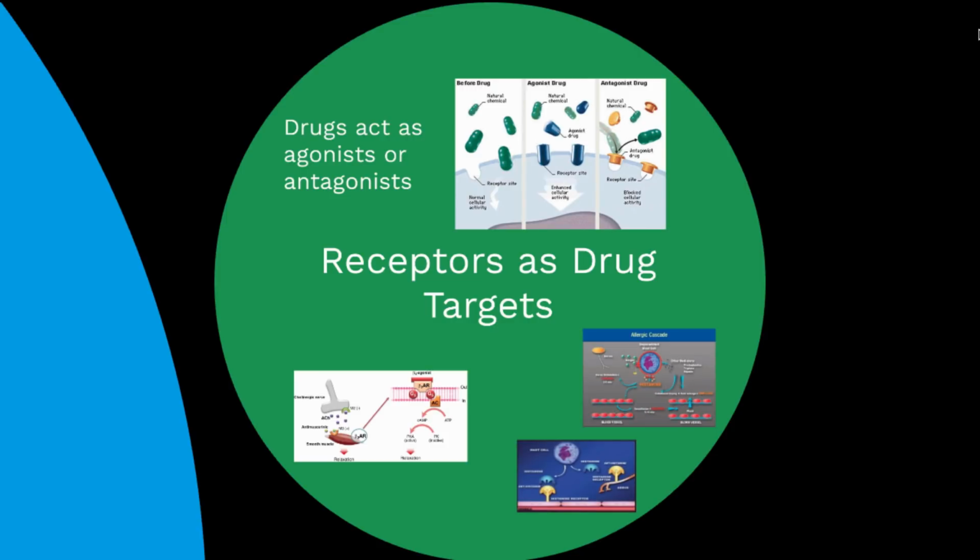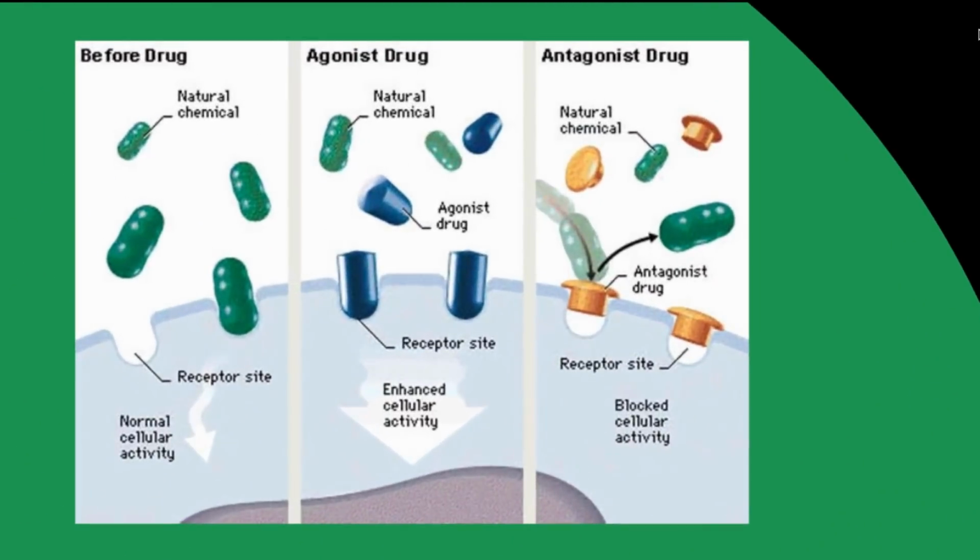And these drugs will either activate the receptor or they will block the receptor. And we refer to these drugs as agonists or antagonists. Okay, an agonist drug is going to mimic the natural ligand, the natural signaling molecule of this receptor, so it's going to increase the activity, increase the signal from that receptor in the cell.